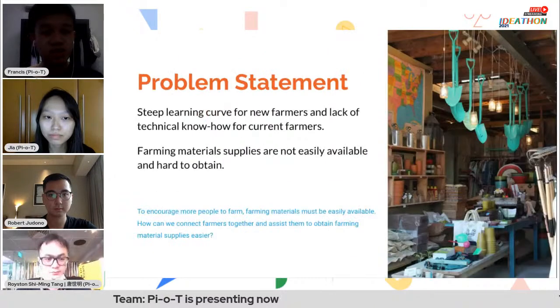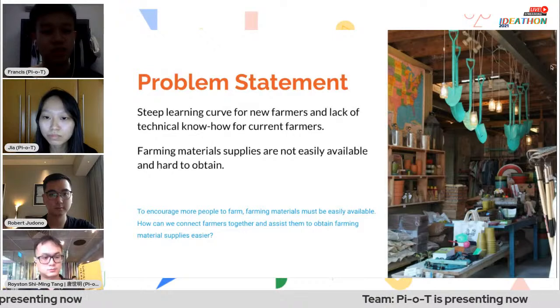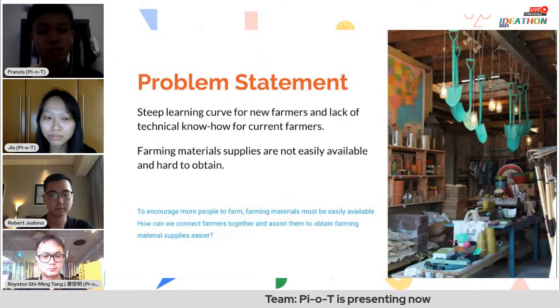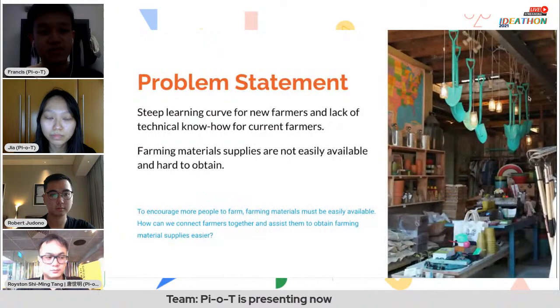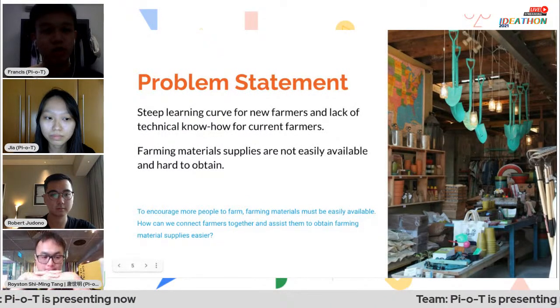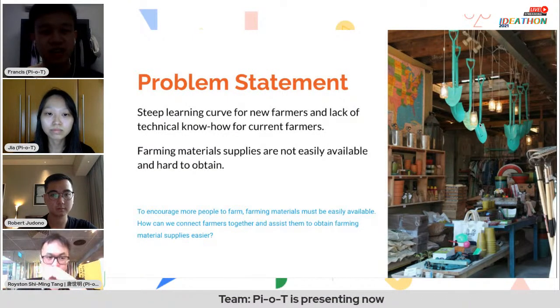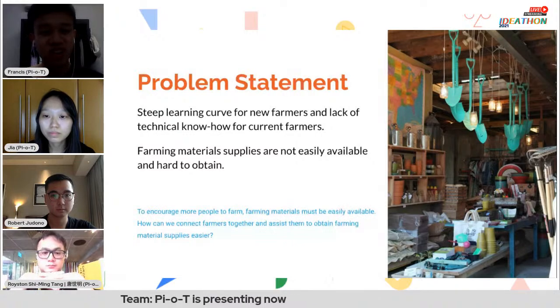There's also the steep learning curve for new farmers and the lack of technical know-how for current farmers. Another problem that we discovered is that farming material supplies are not easily available and are hard to obtain, and for the ones that you can obtain, you don't know if they can be trusted or not.